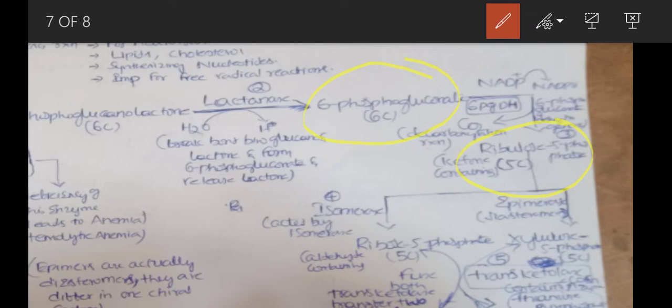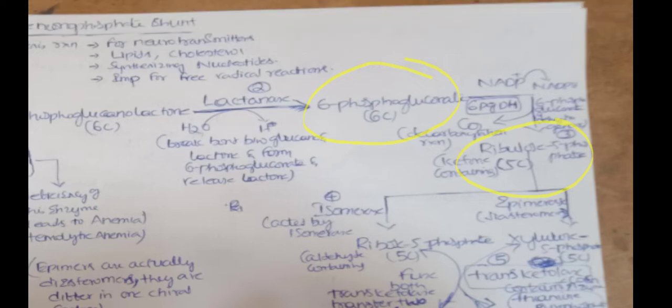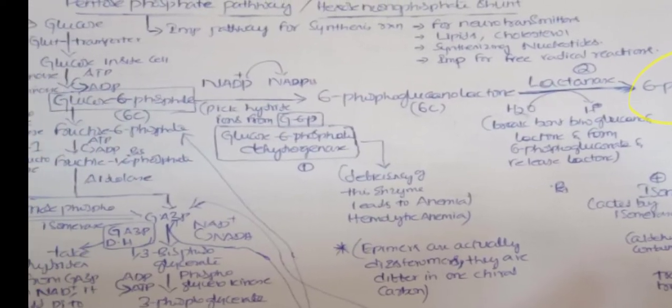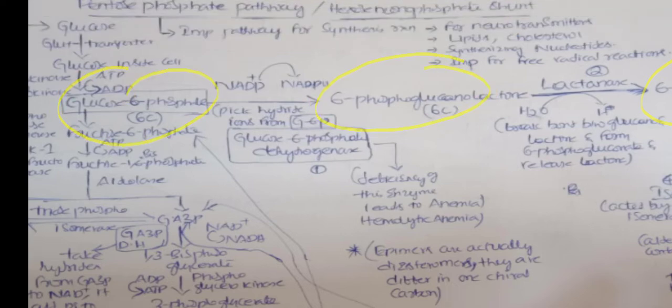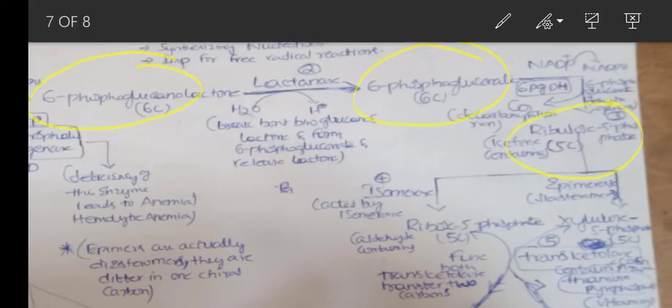See here, all the intermediates we have seen, glucose 6-phosphate, phosphogluconolactone and 6-phosphogluconate, are all 6 carbon. This 6-phosphogluconate will be converted to ribulose 5-phosphate with the help of the 6-phosphogluconate dehydrogenase enzyme. Ribulose is a 5 carbon structure.